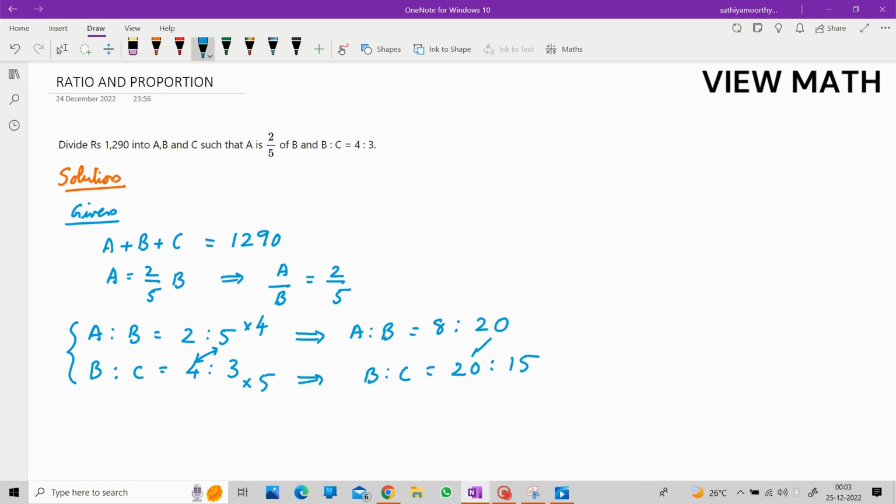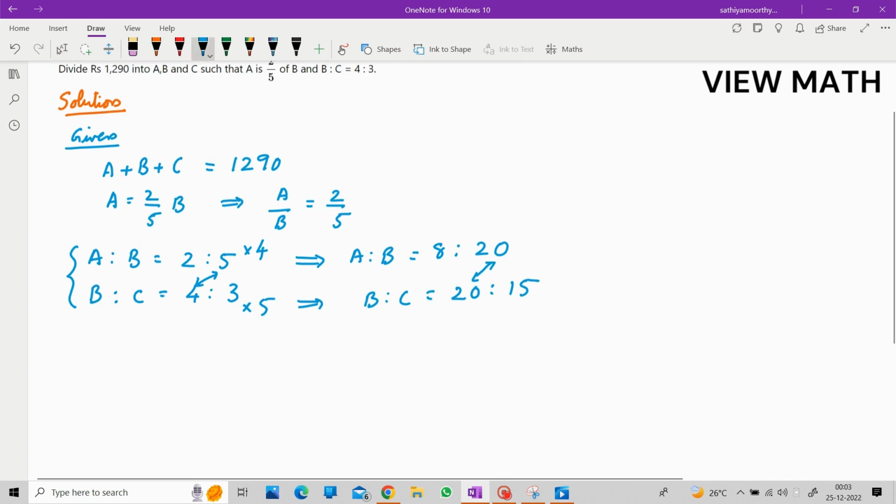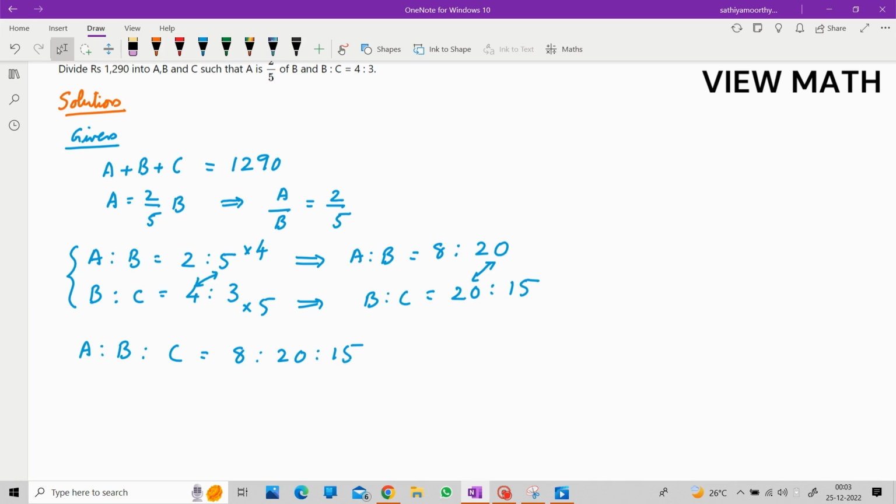Now I can see the B ratio is the same. So now I can combine these two ratios and write A is to B is to C is equal to 8 is to 20 is to 15.